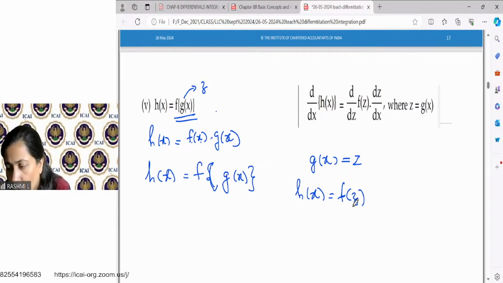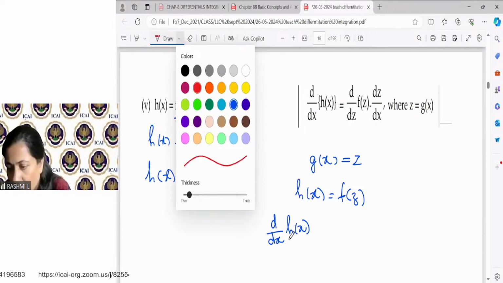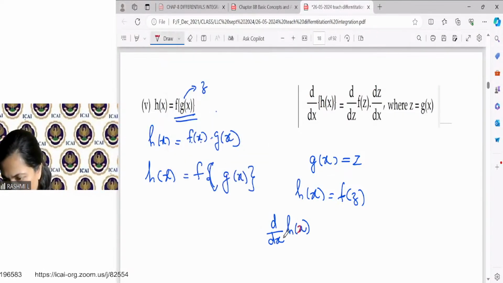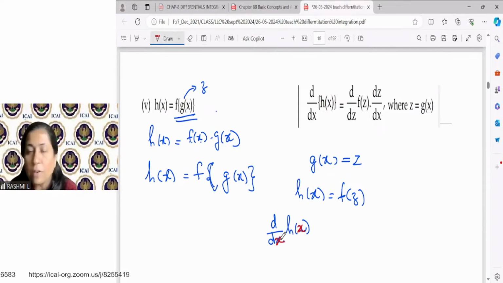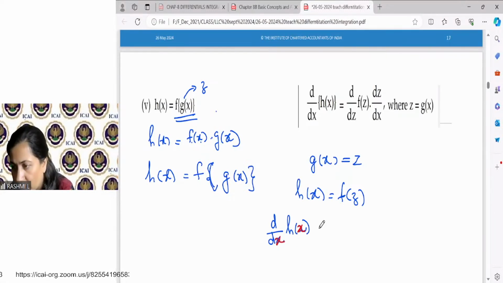Now, when I want to find the derivative, this is equal to d by dx of h(x). You can appreciate this and this has to be the same. You will find the derivative of the function with respect to x when the function itself is in terms of x, right? But this is d by dx of f(z).